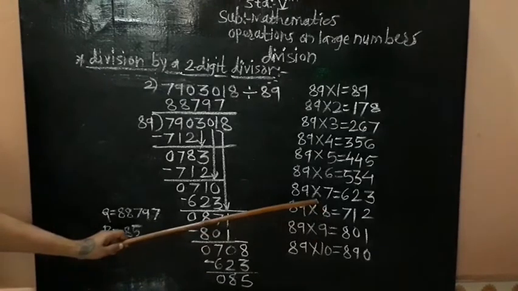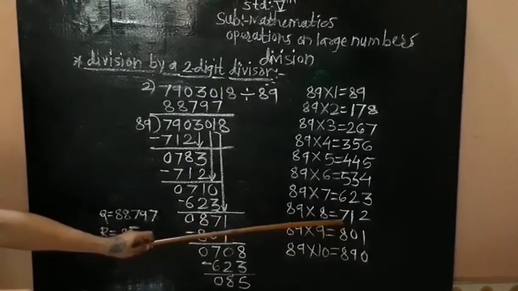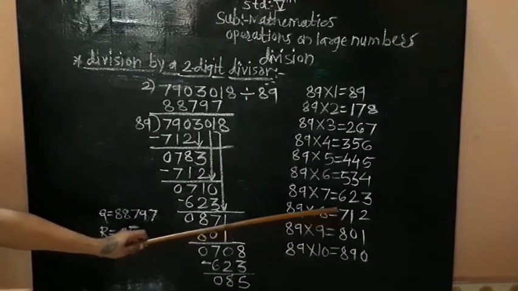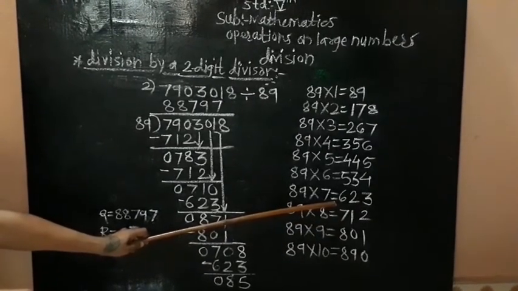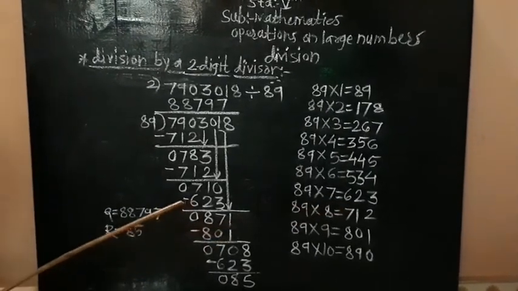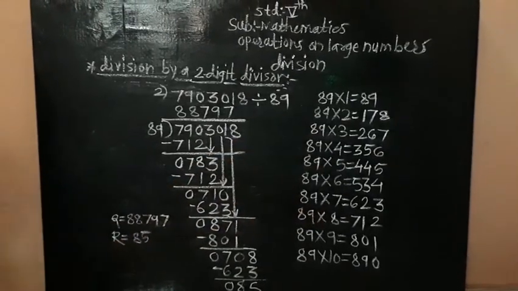I think you got your answer, because these two numbers are nearer, 623 and 712. You know that in subtraction we can subtract only a smaller number. So 623 is the only one smaller than 710 in 89's table.